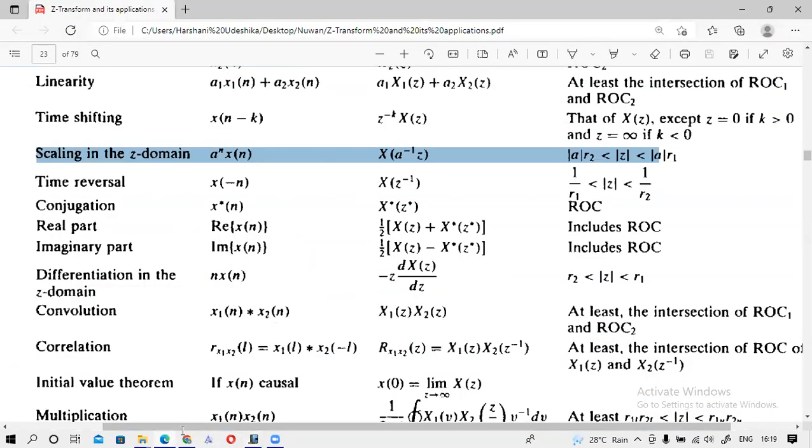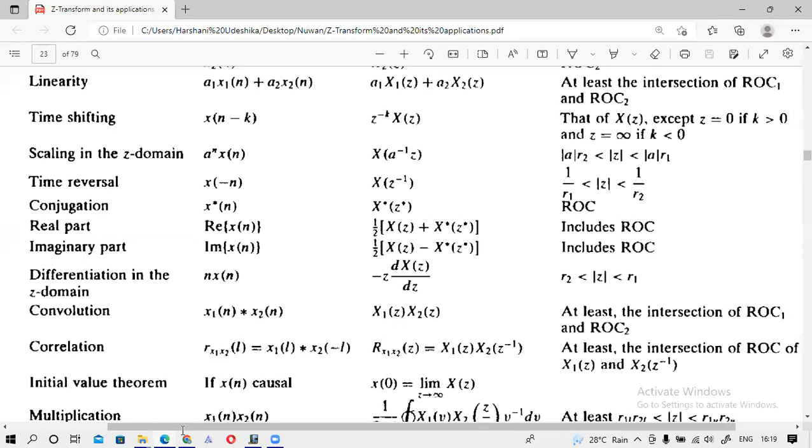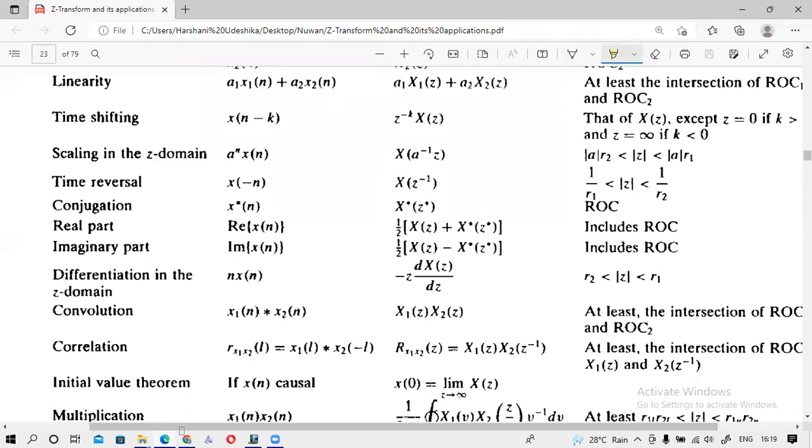Because here you have a to the n, it should be z divided by a, so it is a minus 1 z. So instead of z, we substitute this one, a minus 1 z.